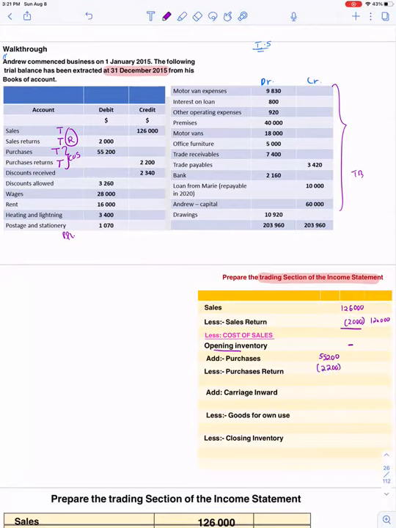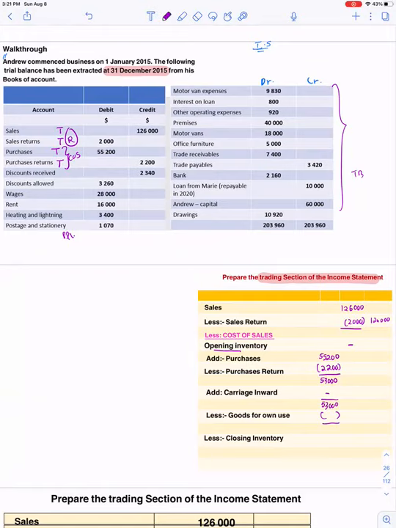After subtracting, the answer that we get is 53,000. You would add the carriage inwards. Since there is no carriage inward, I'm writing it as a dash. 53,000. Less the goods for own use would give you the cost of sales.